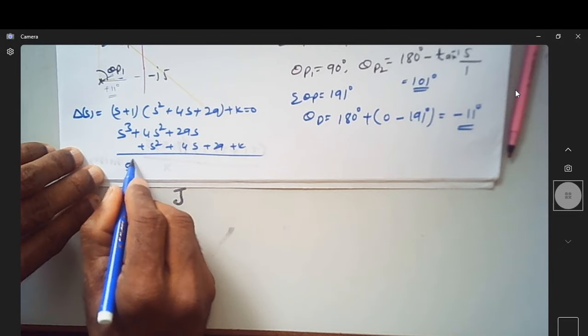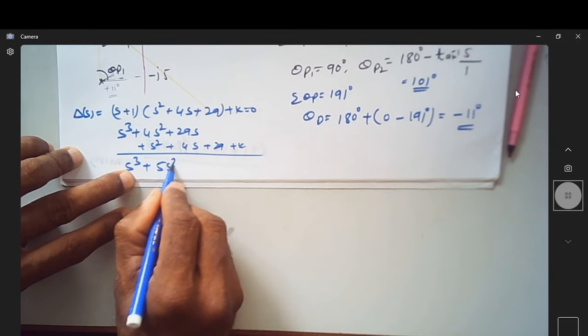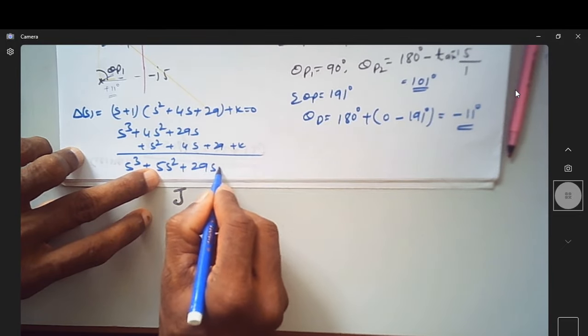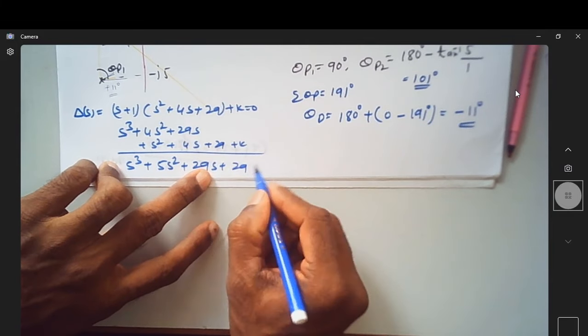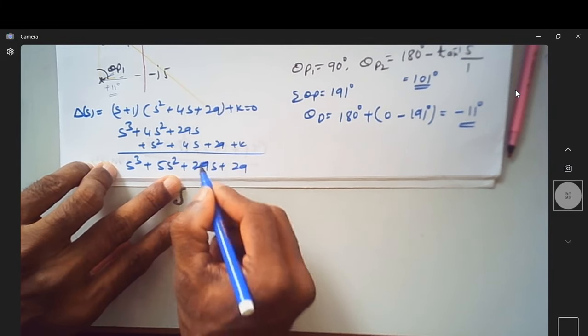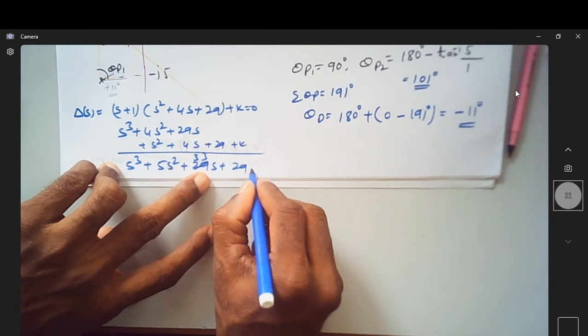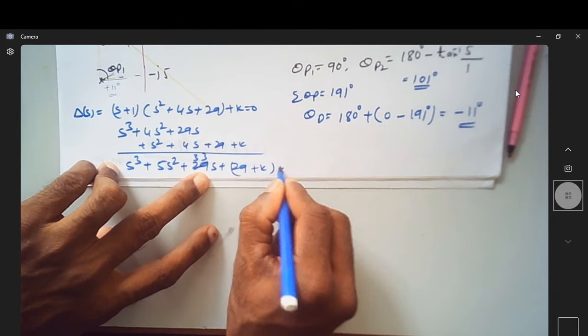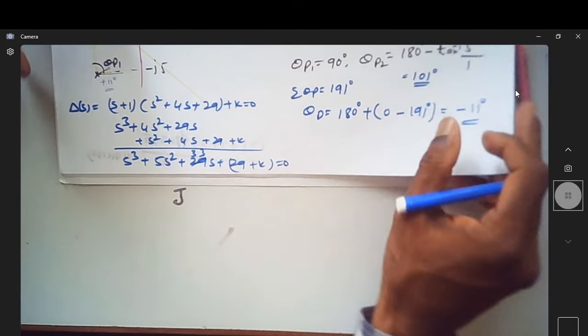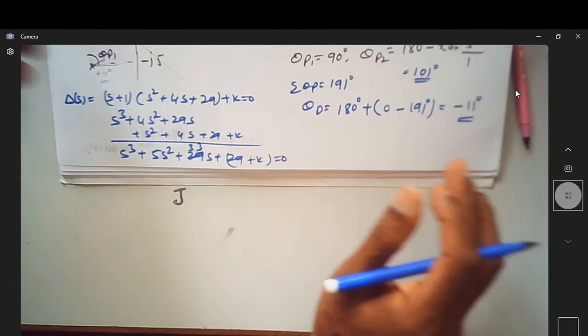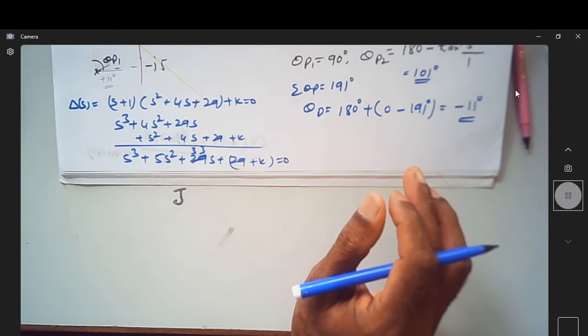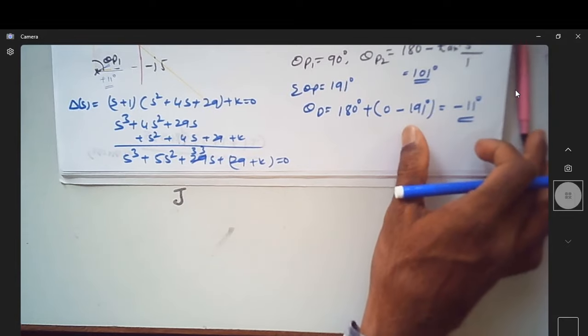So it is now s cube plus 5s square plus, sorry, this is not 29, 33s plus 29 plus k equal to 0 is my characteristic equation. So let me write the Routh array and try to find out, let me rewrite that equation. So it is now, let's write it here.